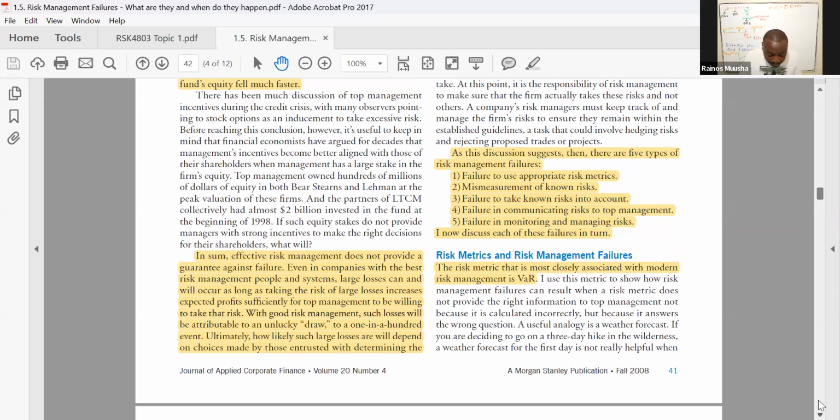So let's say, in sum, effective risk management does not provide a guarantee against failure. Even in companies with the best risk management, people and systems, large losses can and will occur as long as taking risk of large losses increases expected profits sufficiently for top management to be willing to take that risk.